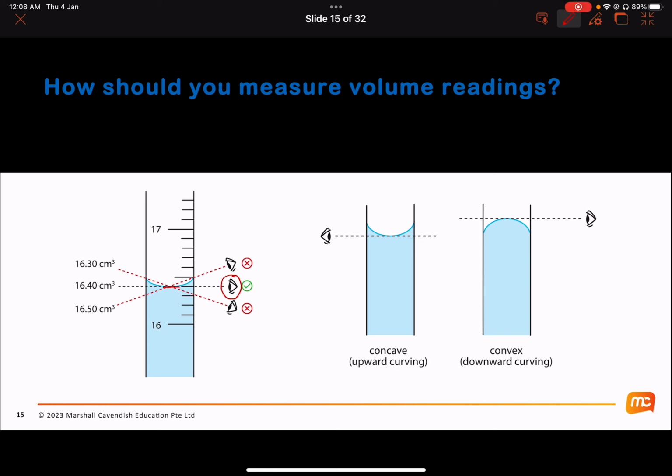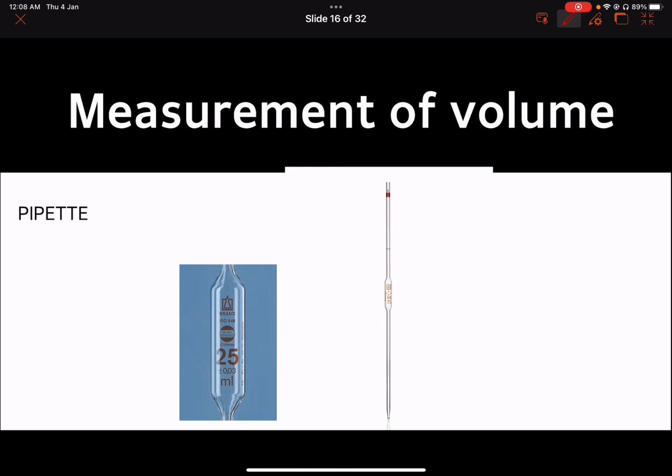But if the meniscus is actually upward curving, in the case of mercury, then you should just take the top of the meniscus. Otherwise this is the one that we usually follow. So back to what I was saying, do we have apparatus that measure very accurate volumes? We do. There are two of them.